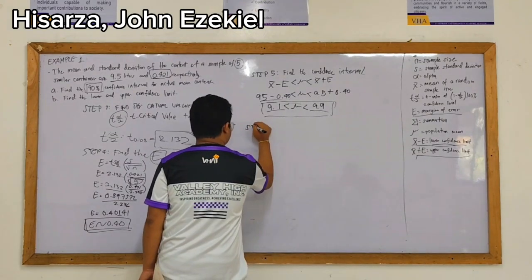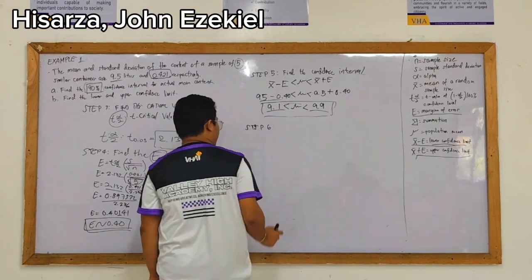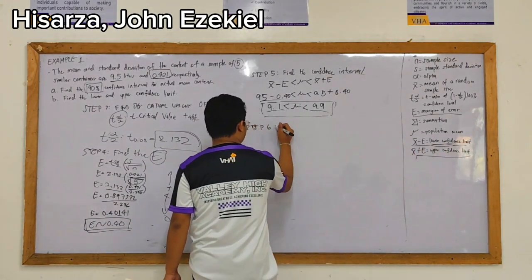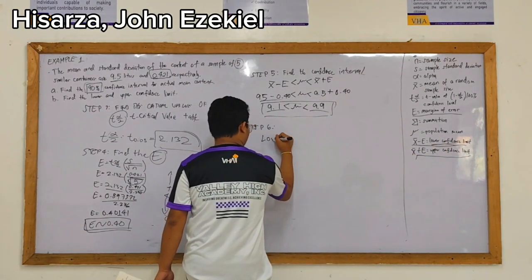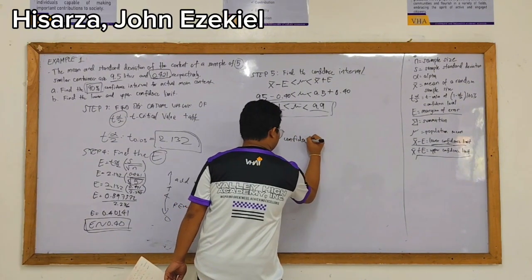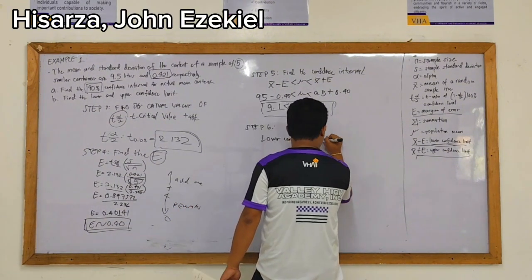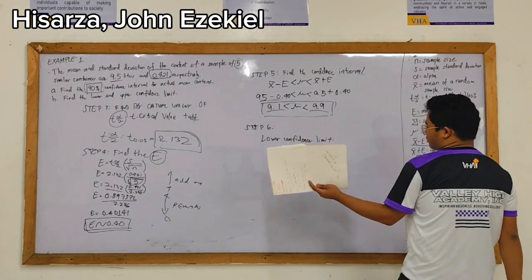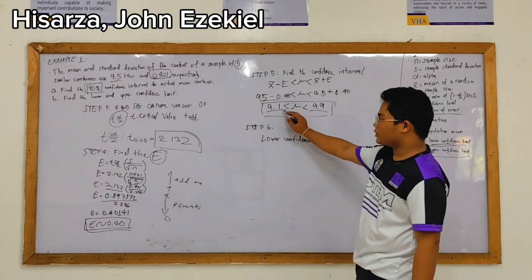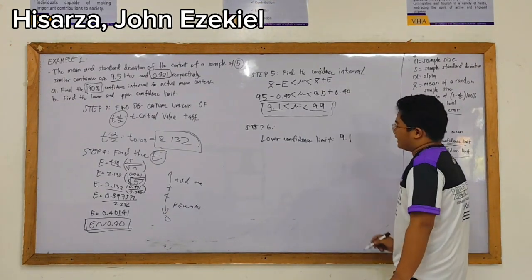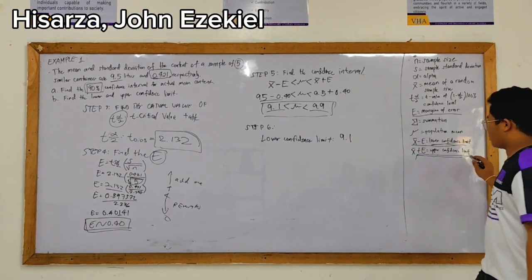For step 6, we're just going to write the lower confidence limit. As you all know the value of our lower confidence limit, we're just going to write 9.1. And we're just going to write the upper confidence limit.